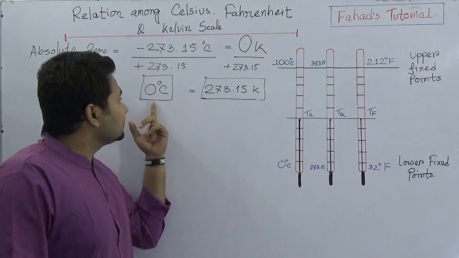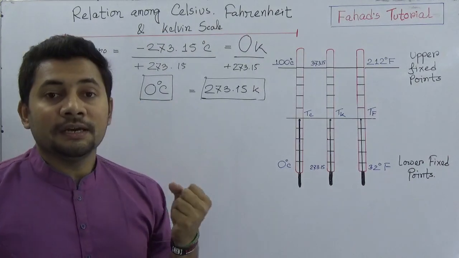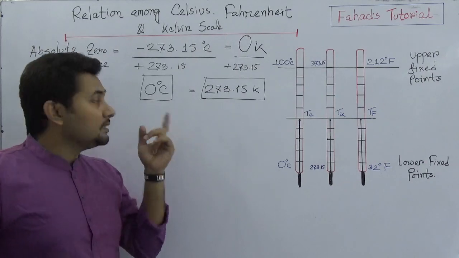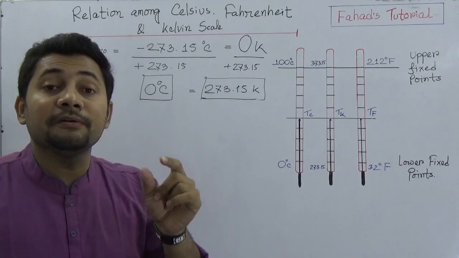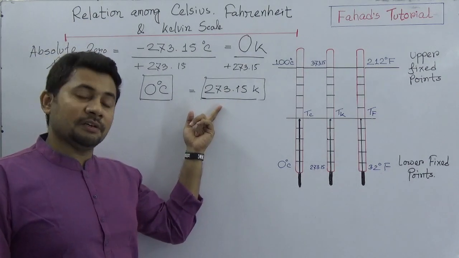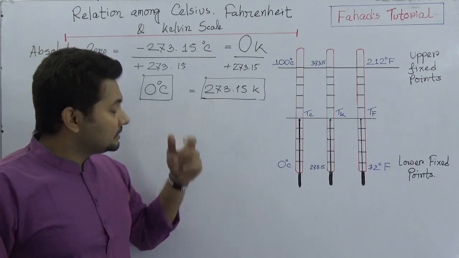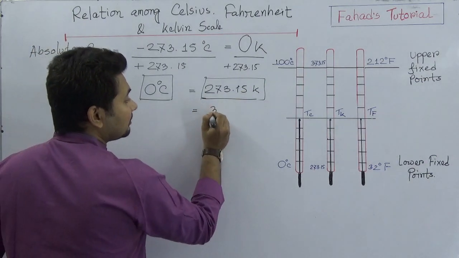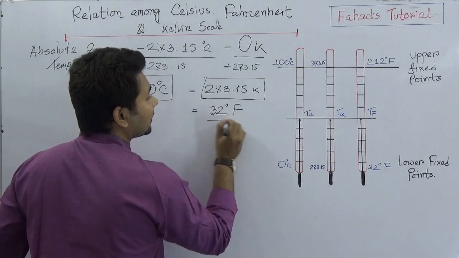No. We are familiar with the Celsius scale, so 0 degrees Celsius is the melting point of pure ice, so it's very cold. So this 273.15 Kelvin is also very cold. Similarly, in the Fahrenheit scale, this is about 32 degrees Fahrenheit.